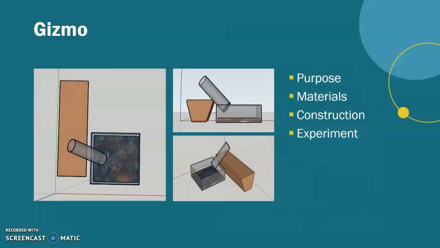All right, so we're just going to take a closer look at the Gizmo for a second. So the purpose of this Gizmo is for students to explore the negative impact of pollution on the environment. So you can see here the basic setup. You would have a PVC pipe that drains into a large plastic container.